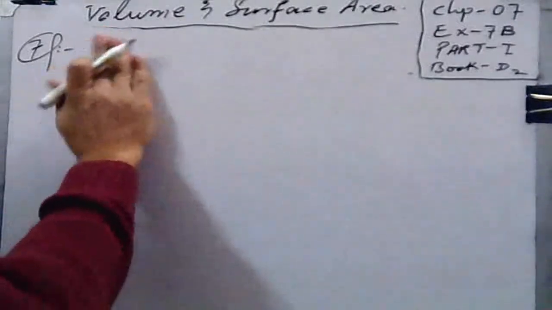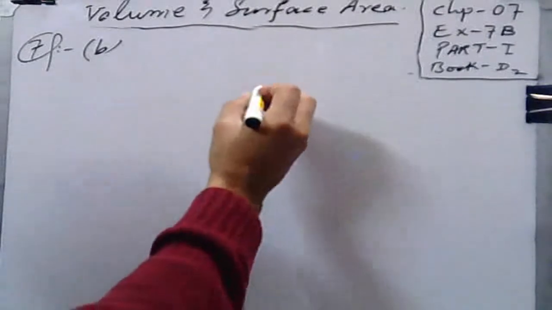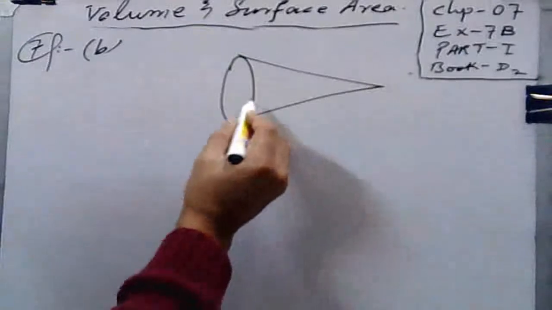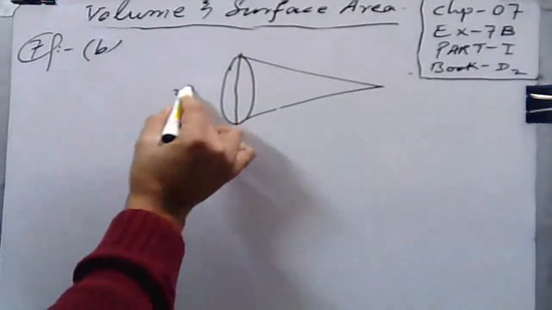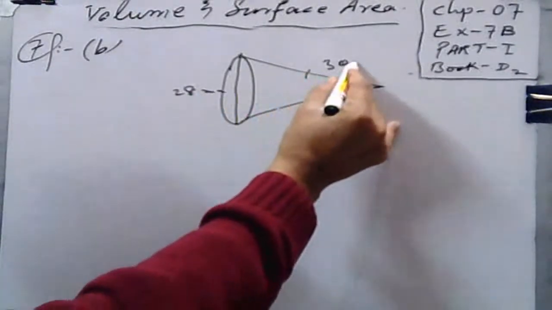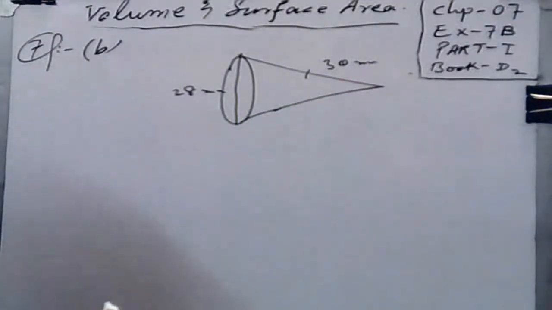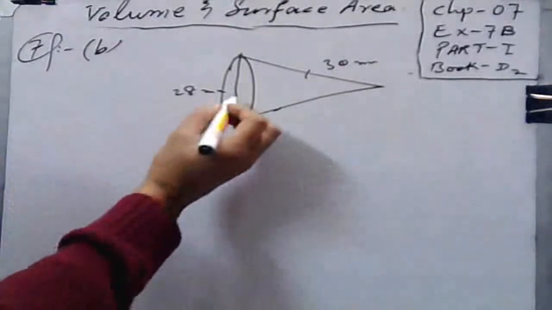Coming to the B part, in B part you can see that is another cone which is given to you, and in this once again the diameter is given, that is 28 millimeter, and slant height is 30 millimeter, and we have to find the curved surface area.